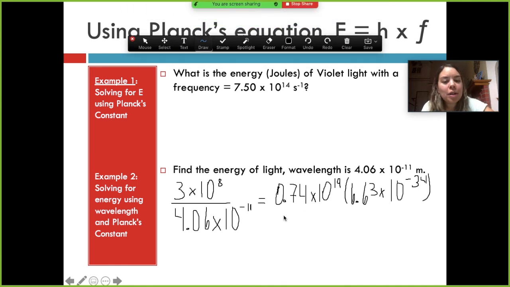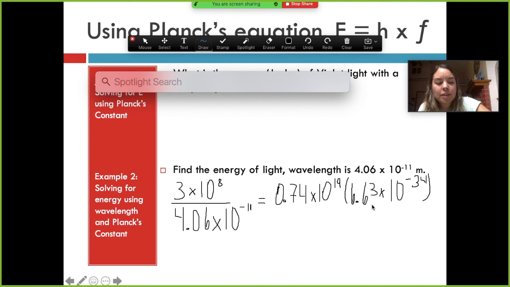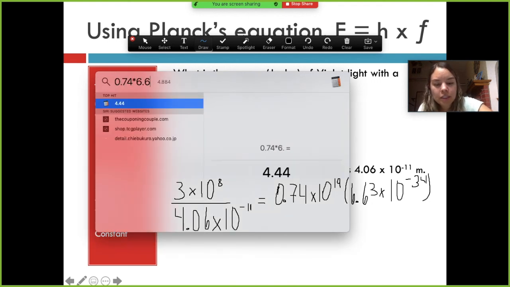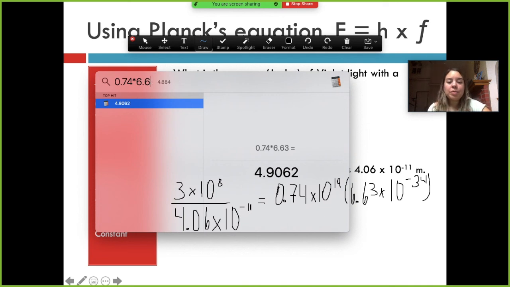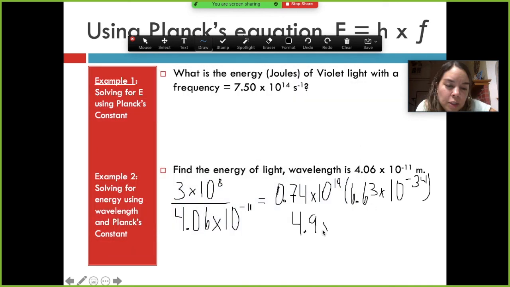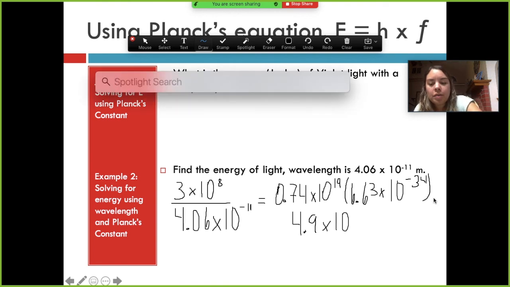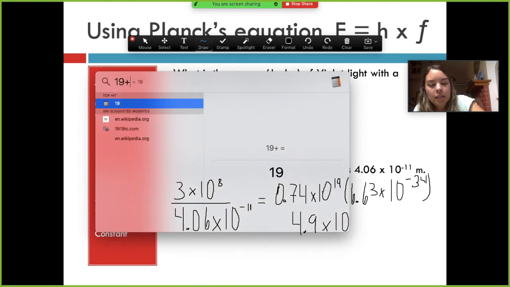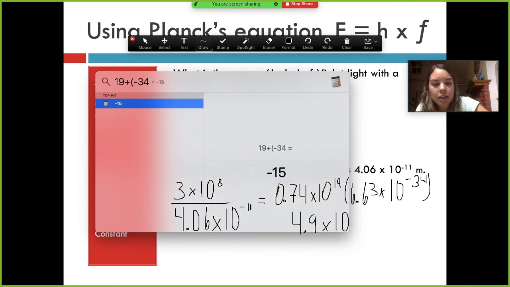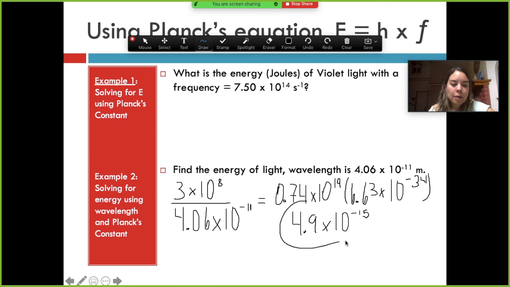Multiplying 0.74 times 6.63 gives me 4.9. I'm going to copy the times 10, and then add the exponents: 19 plus negative 34 is going to be negative 15. And this is my answer.